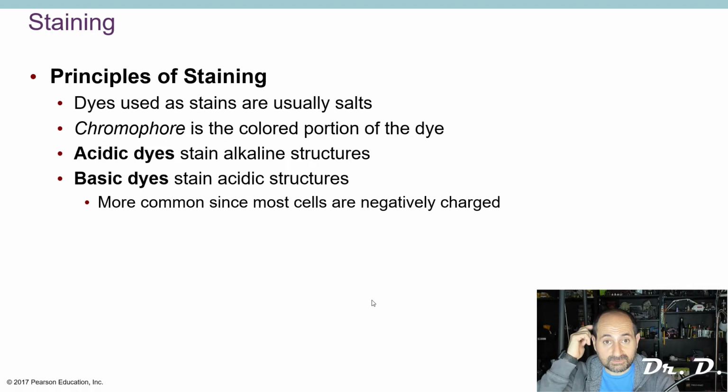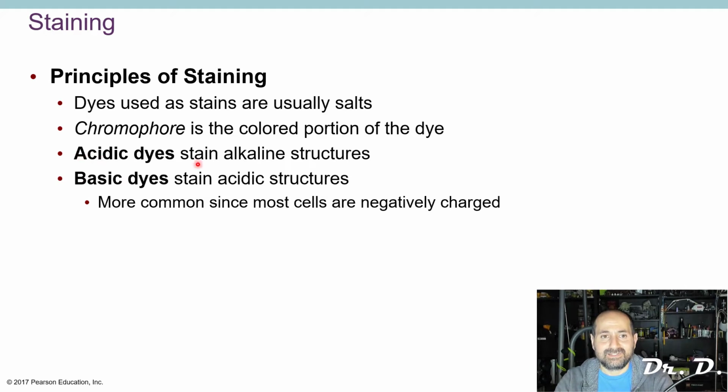So let's talk about some of these principles of staining. First of all, we use various dyes, and these are usually salts. We either use acidic dyes or basic dyes. You could use some non-polar dyes, but those are special applications. In the microbiology lab, we typically use acidic dyes or basic dyes.